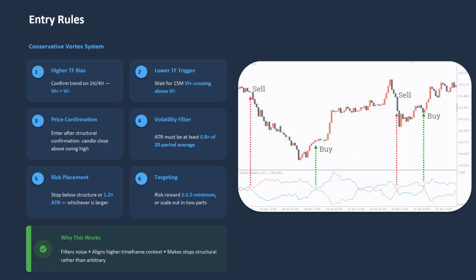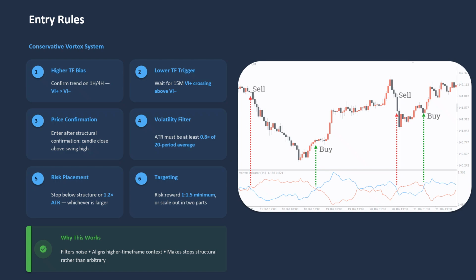Higher time frame bias: confirm the trend on a higher time frame, VI plus above VI minus. Lower time frame trigger: wait for the lower time frame to show VI plus crossing above VI minus. Price confirmation: enter after a clean structural confirmation, either a candle close above a recent swing high or a retest that holds support. Volatility filter: ATR must be at least 0.8 to 0.9 of its 20-period average to avoid microchop.